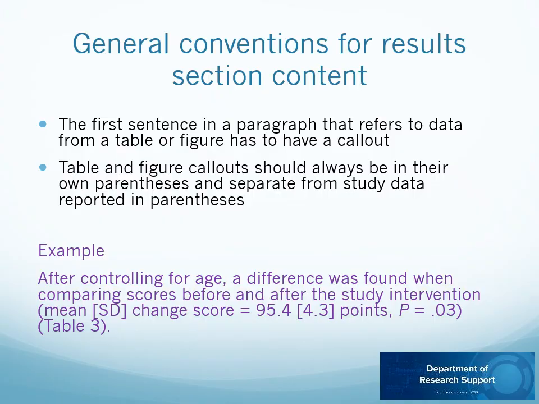Further, table and figure callouts should always be placed in their own parentheses and should not be included in the parentheses that report data. This successive use of two sets of parentheses, one for results and one for a table or figure callout, is standard practice in results sections.